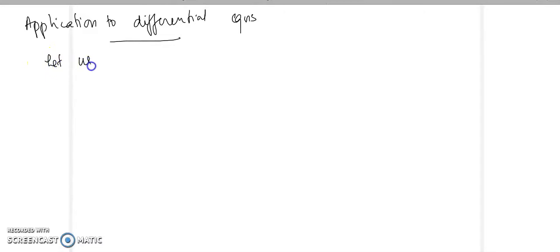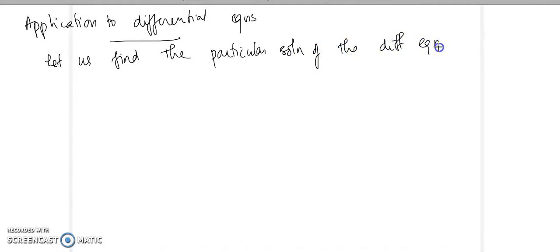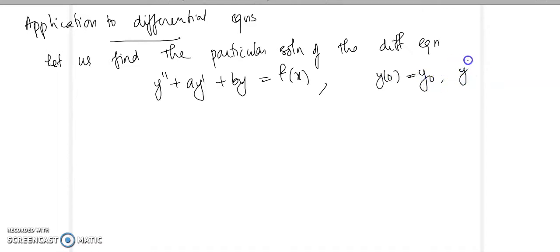So let us find the particular solution of the differential equation y double dash plus ay dash plus by equal to f of x. You are given the conditions y at 0 equal to y naught and y dash at 0 equal to y naught dash. So if you have a problem in this form, this can be solved using Laplace transform.